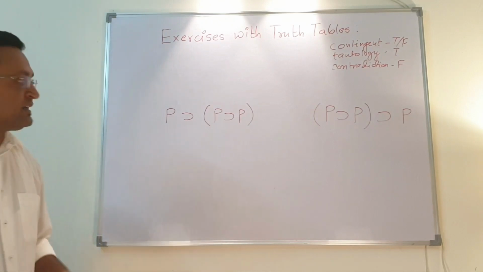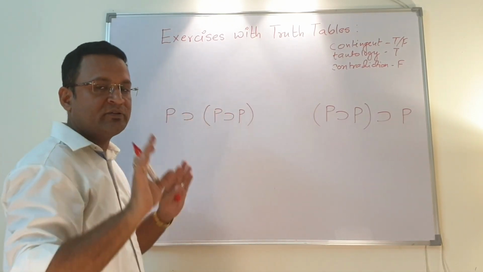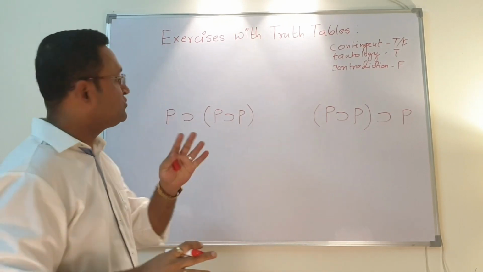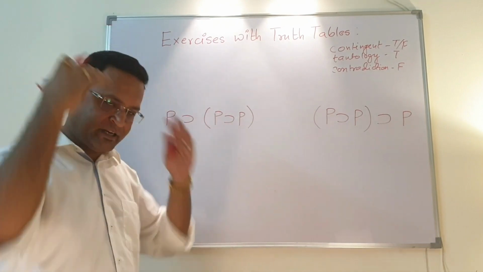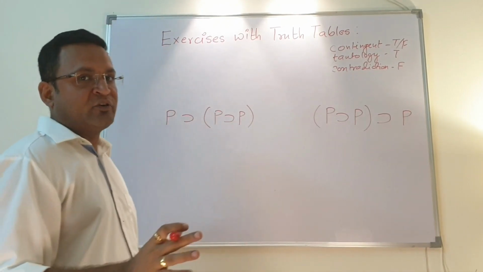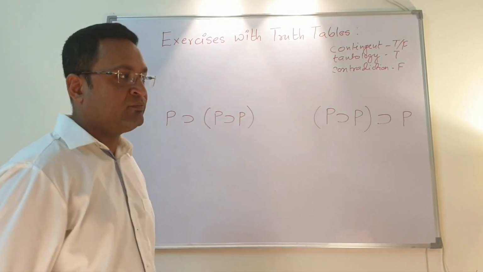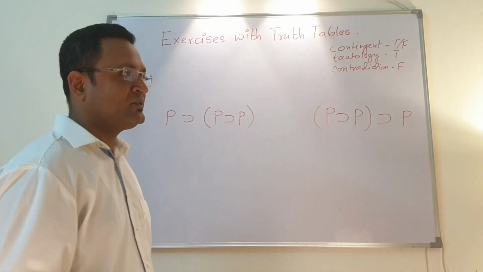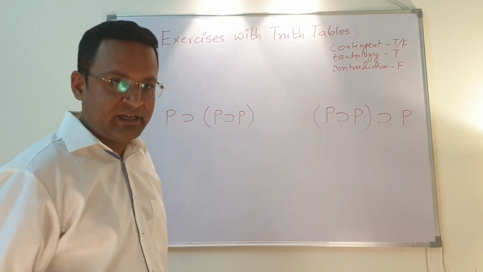So now let us calculate. Since it's only one P, the truth table will be only of 2 rows. You should not draw it with 4 rows and this and that. You can make it with 8 rows, you can make it with 32 rows. That's not going to be a problem, but it is going to be a problem for calculation. The work will be more dizzy by nature, right? So it should not be like this. The minimum expression which is required is something which you should adhere to.